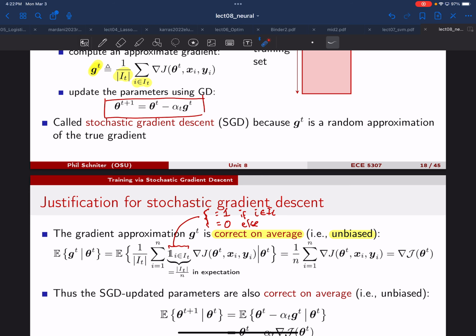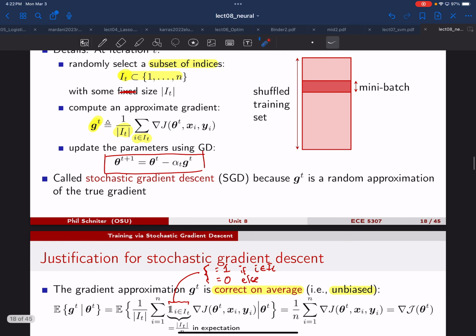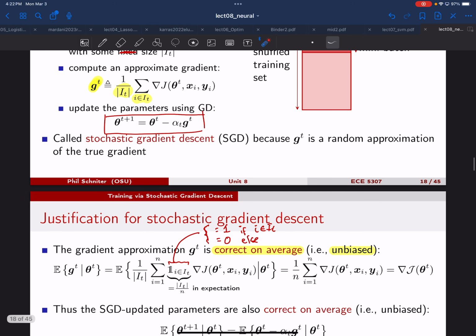So if you think about it, you're basically constructing this random subset just like uniformly at random out of all possible subsets. And you're asking, is sample 1 in there or not? Well, it really just depends on the size of that set you're constructing. So at the end of the day, it's just going to be the size of the set divided by n is the average value of this, or the probability that I is in the set. Does that make sense?